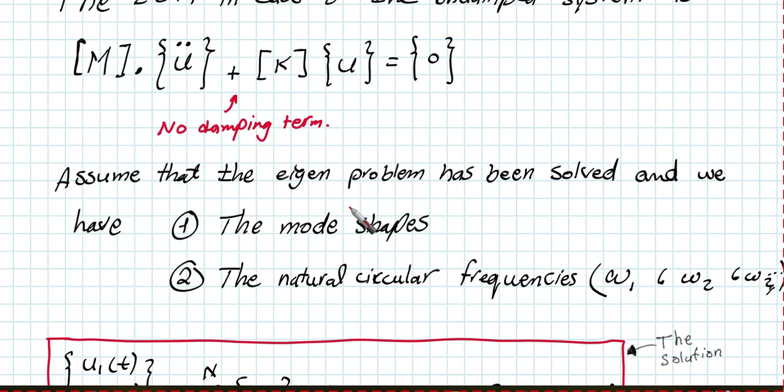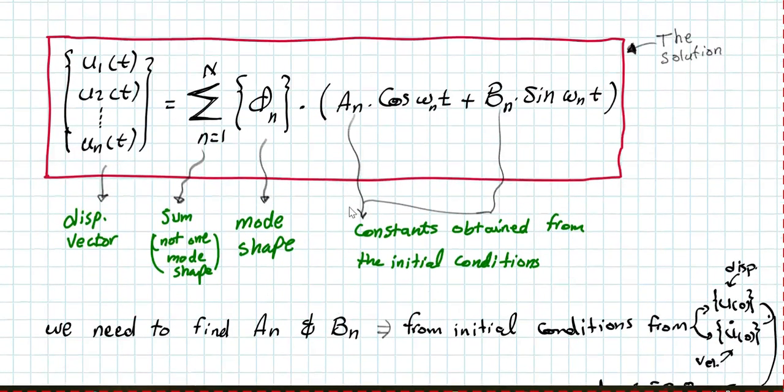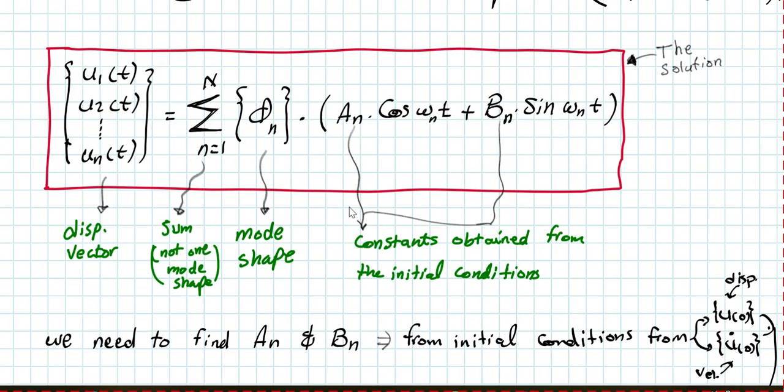Now let's go to the solution itself. What is the solution for our case? On the left hand side we have the displacement vector, which we call the response, due to this motion.